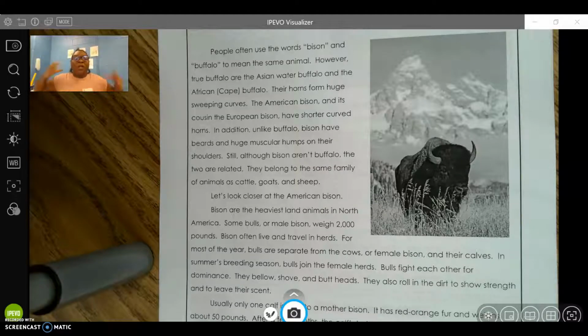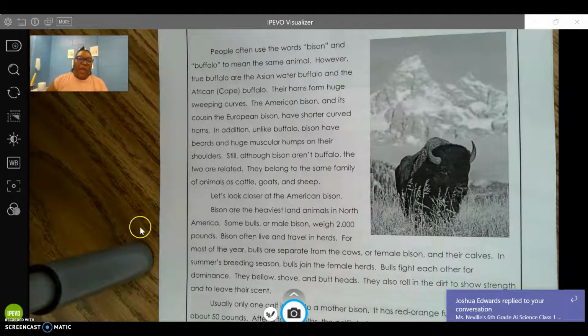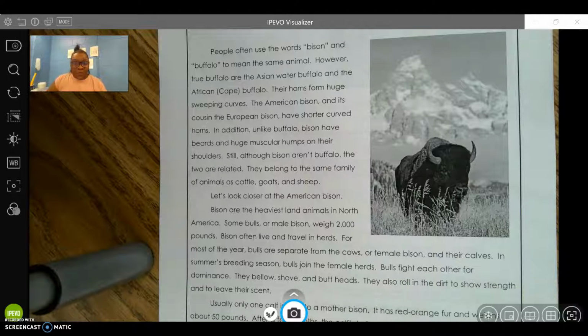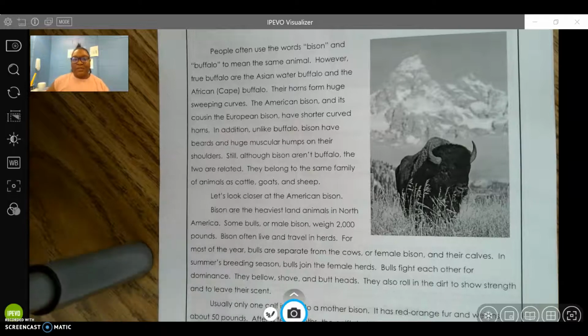Today we're going to start putting some of the knowledge that we've been learning for the last week and a half into action today. As we're discussing the characteristics of organisms, remember an organism is any living thing. And there are 4 characteristics of all organisms. What we're going to be doing today is looking for or annotating a text to find those characteristics or examples of those characteristics.